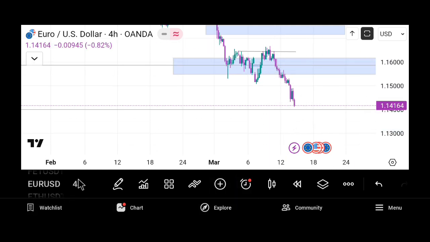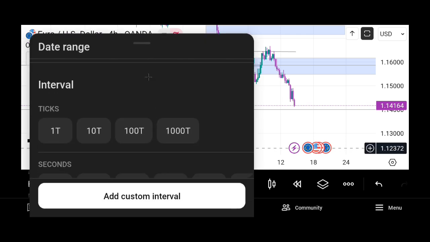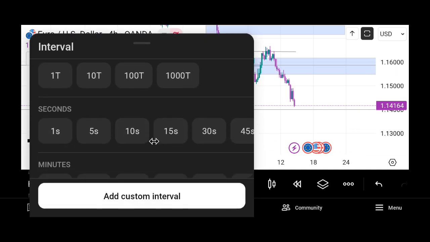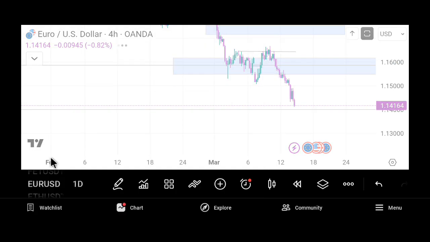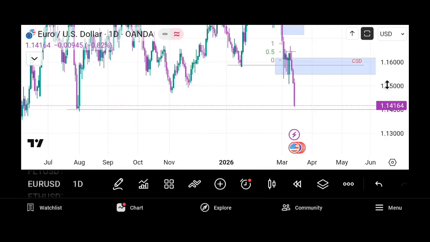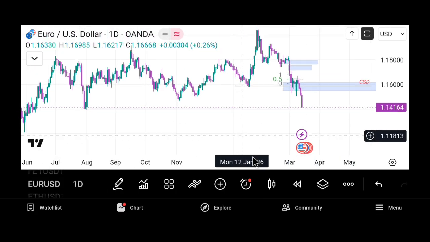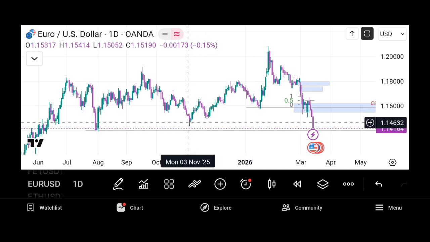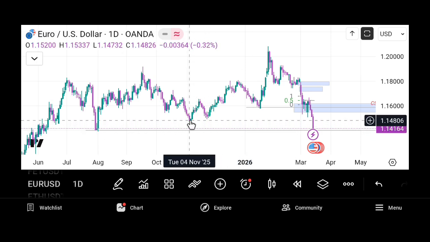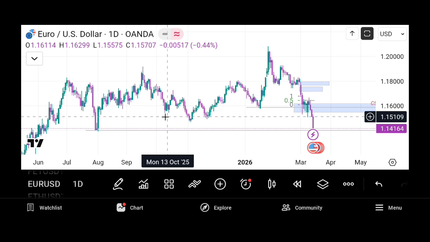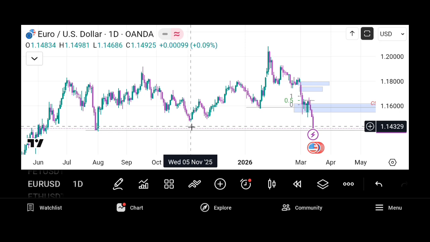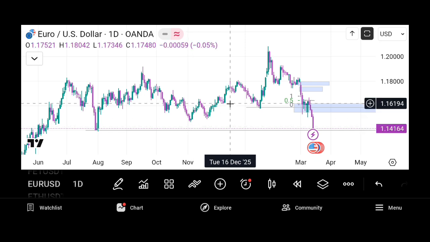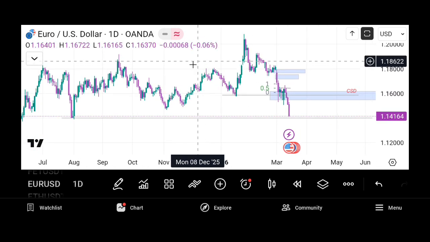So it all depends on what USD does. So right here, a major low was taken. It was October's low. Okay, this was 2025 October's low taken. So that is a break of structure.